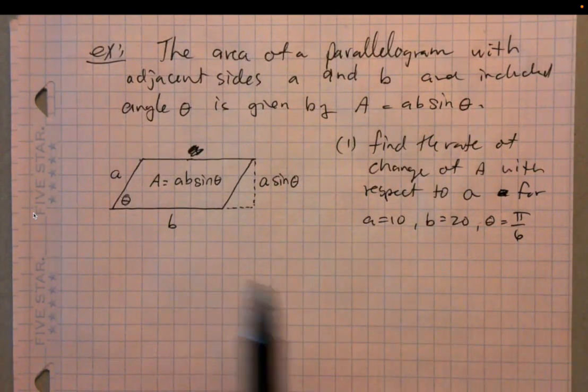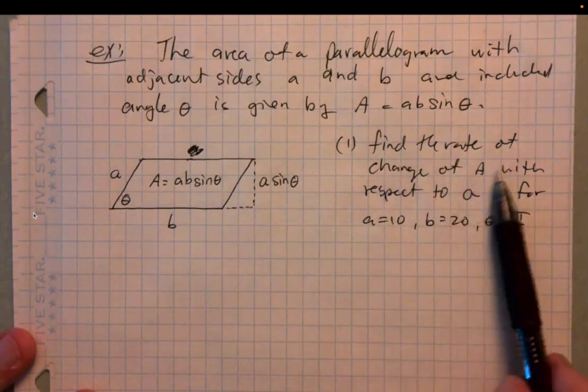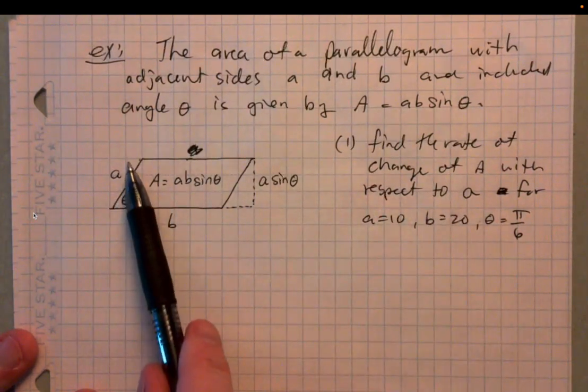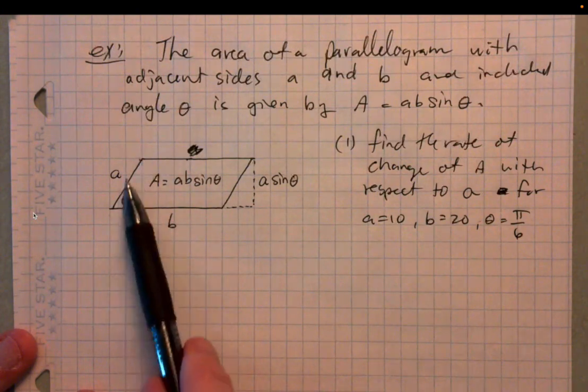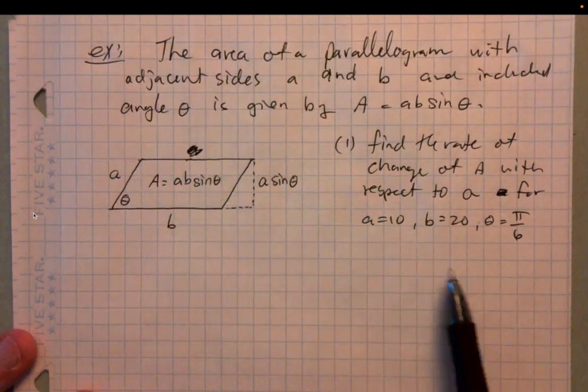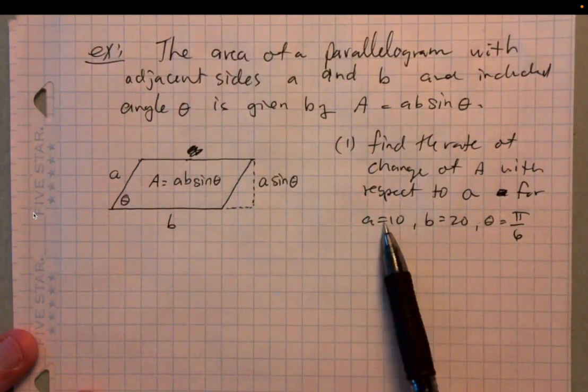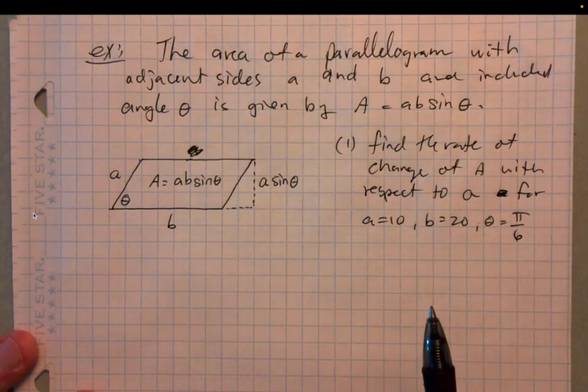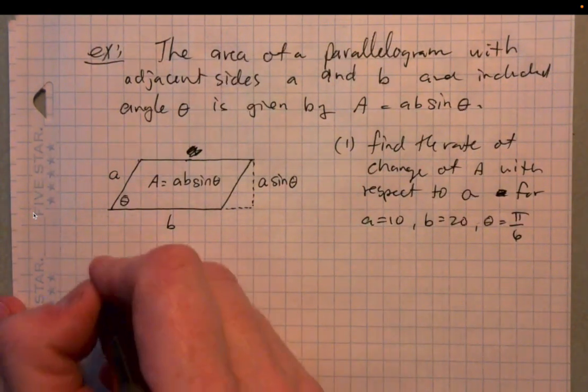So what's the rate of change of the area with respect to this side? If this side is a little bit smaller, how much does it impact the overall area? Specifically at these values. Okay, that's the first one.